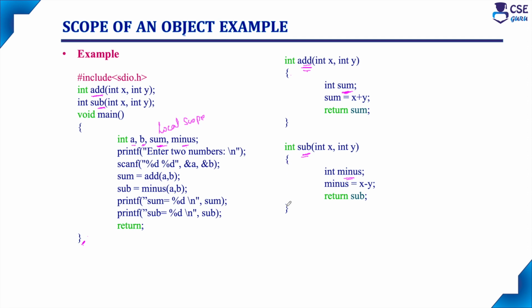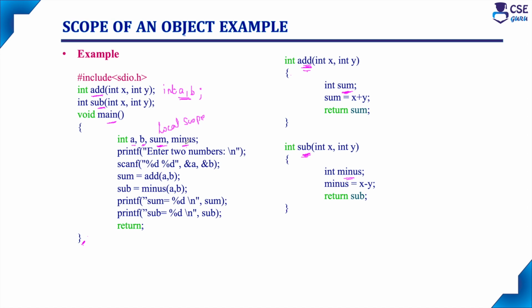Suppose we have declared int a, b globally; these variables will be accessible in the main function, the addition function, as well as the subtraction function. We can use a and b without any further declaration.